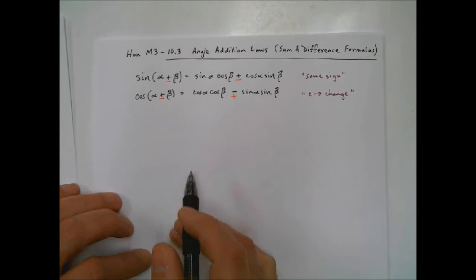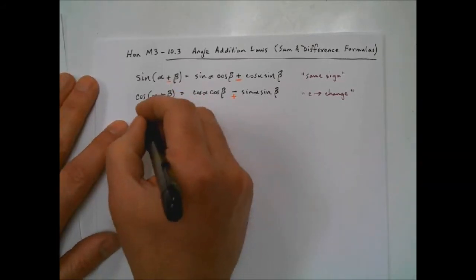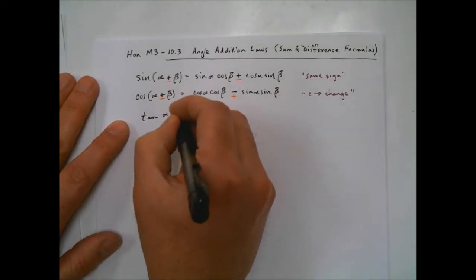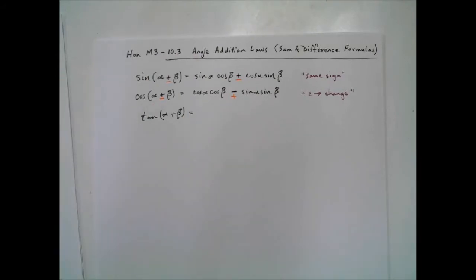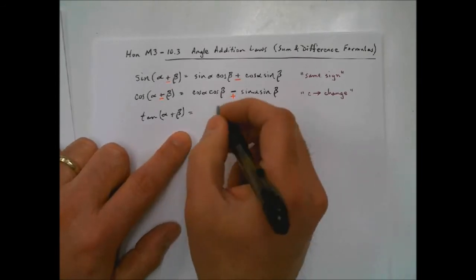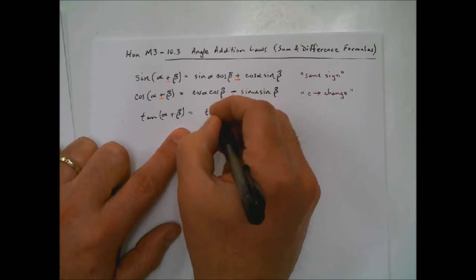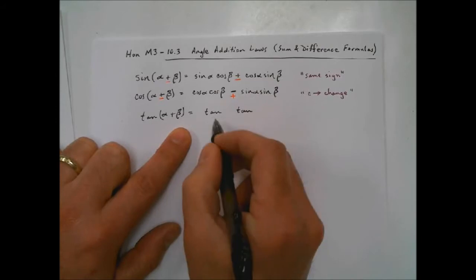Okay. And finally, we have the tangent of angle addition. So tangent of alpha plus beta. And unfortunately, it doesn't just kind of roll off the tongue like the others do. But there is one thing that's at least a little bit nice about it. But here it goes. Tangent up top.